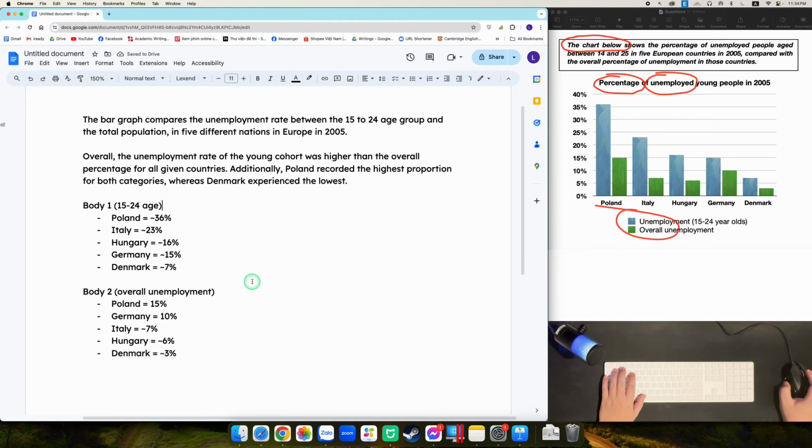Let's move to the first body paragraph. Never forget to write a topic sentence for each paragraph. This phrase will introduce the data that you'll be covering in that particular paragraph. So, in terms of individuals aged 15 to 24.